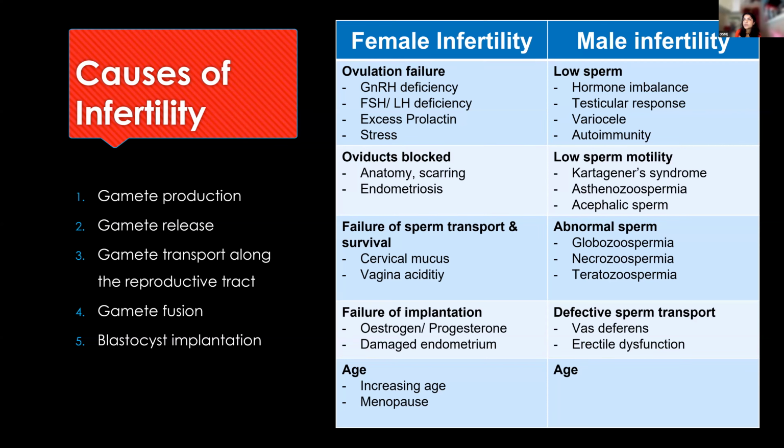Moving on to sperm transport and sperm survival. If the sperm are not able to enter or survive and reach the egg, there is infertility. This can be due to cervical mucus composition, which can prevent sperm motility and prevent the sperm from traveling up the vagina.